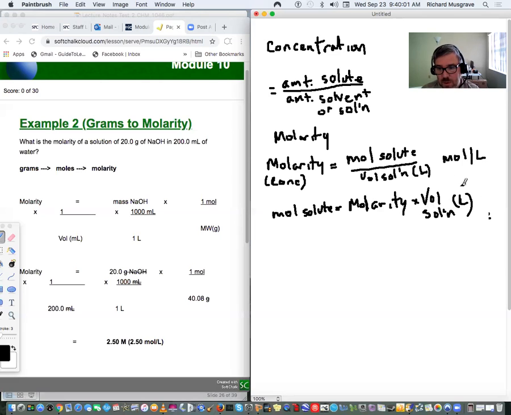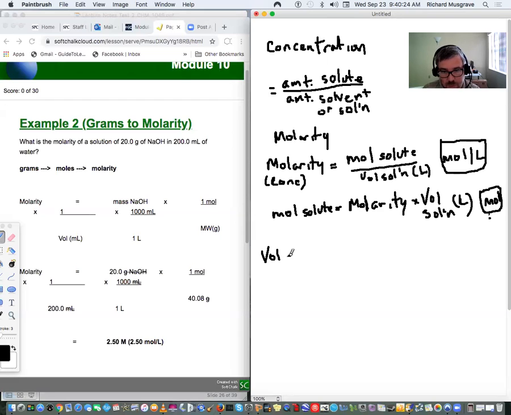And of course, I'll put a box around that. Now the unit here is going to be moles, of course. And the last one here is going to be how we would get volume of something.